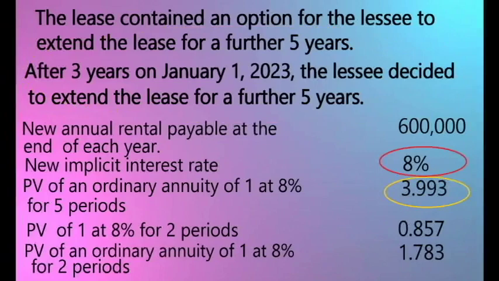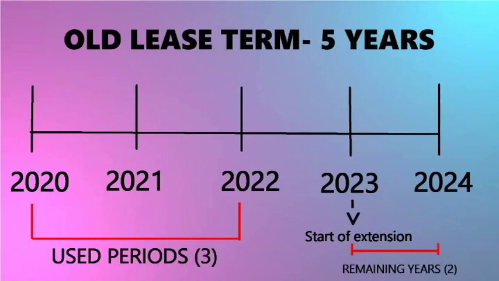So, bakit 2 periods? Kasi nga, di ba sinabi, sa original contract natin is 5 years. And nag-start yung contract natin noong January 1, 2020. So, supposedly, 2025 siya matatapos. Kaso, noong January 1, 2023, nagkaroon ng remeasurement. So, may 3 years nang nagamit. So, yung 2 periods na ginamit natin para sa PV of ordinary annuity is yun yung natira.